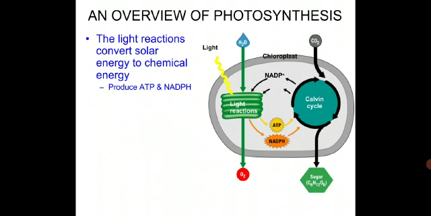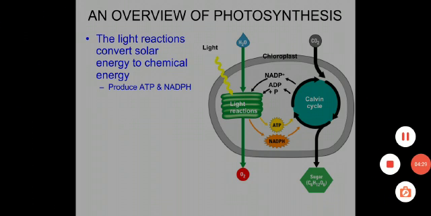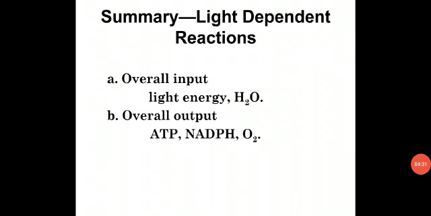Now here you are watching the summary of the mechanism of photosynthesis, which is divided into the light reaction as well as the dark reaction. First of all, we will see the first step of photosynthesis, which is called the light dependent reaction or the light reaction. This is called the light reaction because light is necessary for the occurrence of this step.